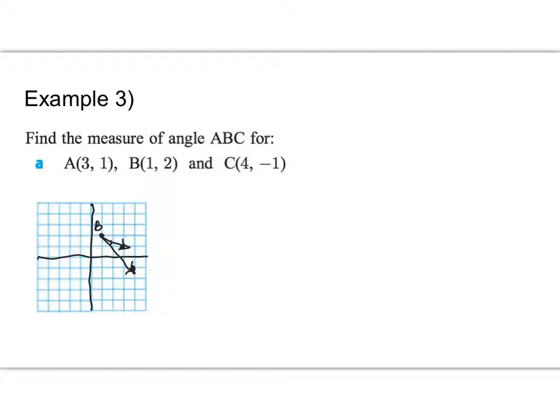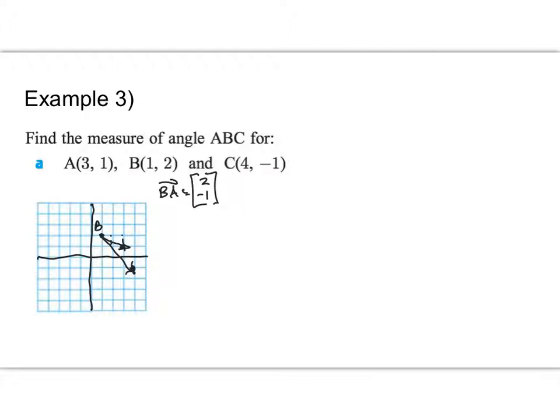All right, so first I'm going to find the vector from B to A. If I'm going from B to A, that's going to be 2, -1, right? I can use the formula x2 minus x1 over and y2 minus y1, but I prefer to think of it as to get from B to A, I have to go to the right 2 and down 1.